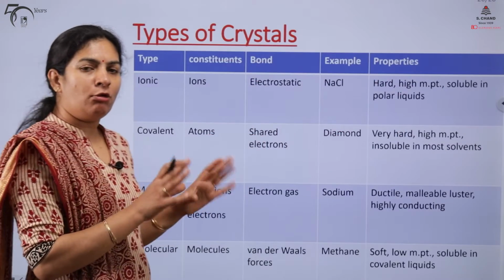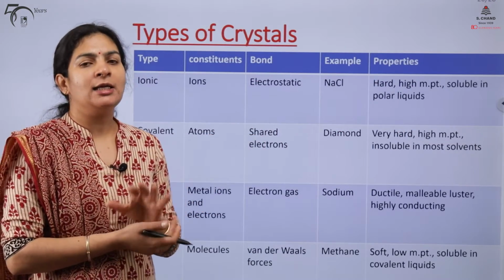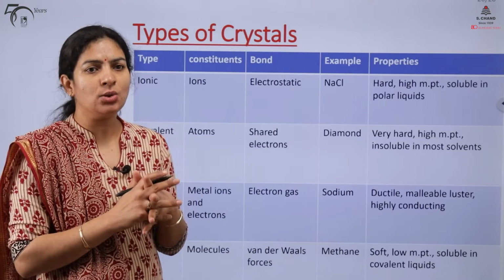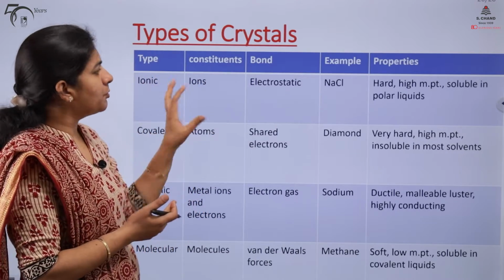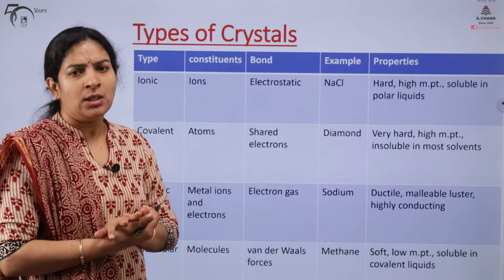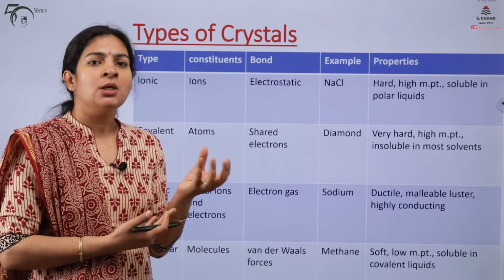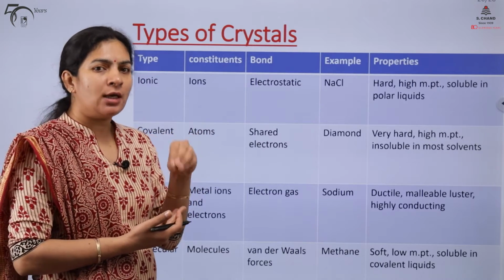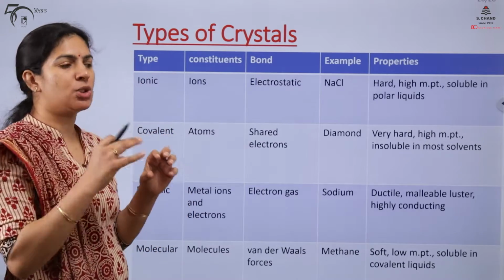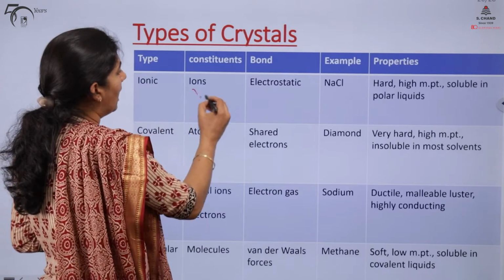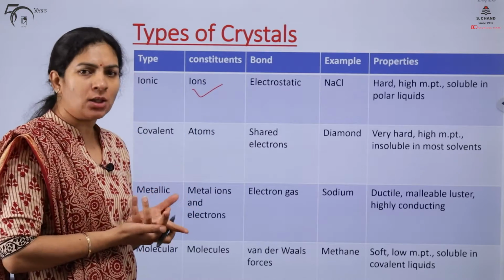With the help of X-ray crystallography, it has been found that solids exist in different forms, and these are the various types of crystals which we have. Now, various crystal types based on their constituent particles. If the lattice positions are occupied by ions, we call them ionic crystals.